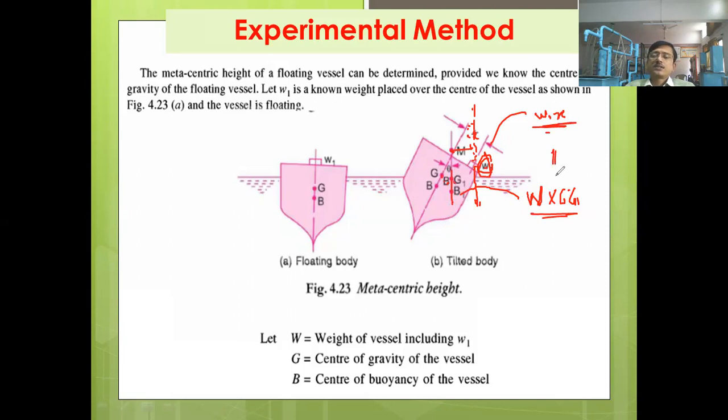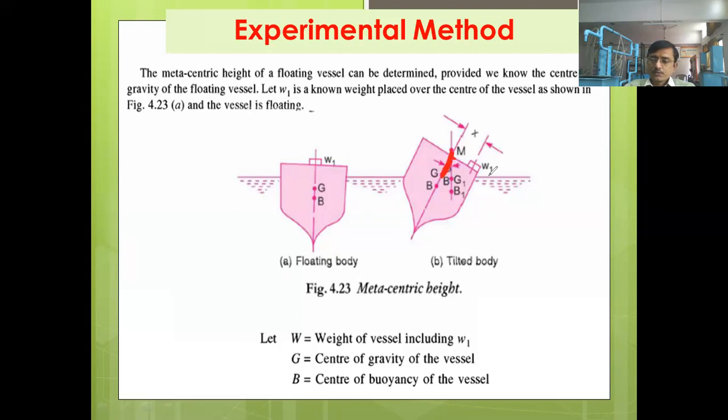And we are going to equate these two, and we will get the value of gm. What do we need to find out here? We are interested in finding the value of gm, that is nothing but the metacentric height. The distance gm is the metacentric height.